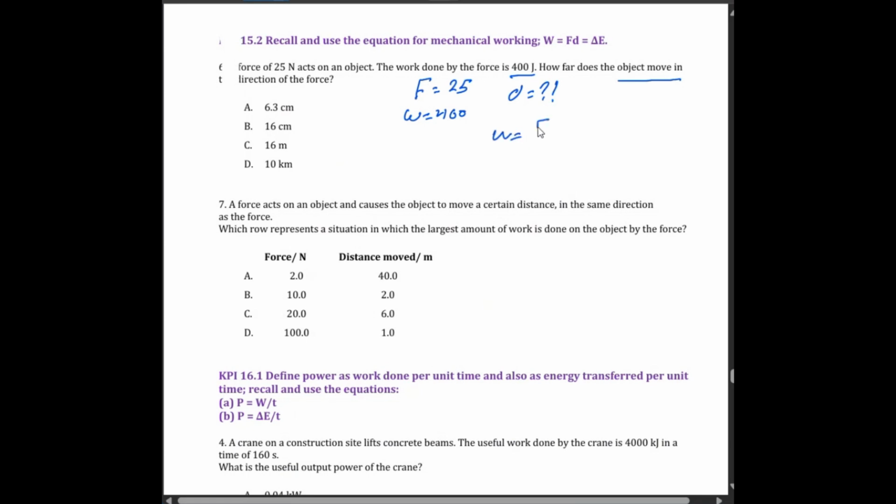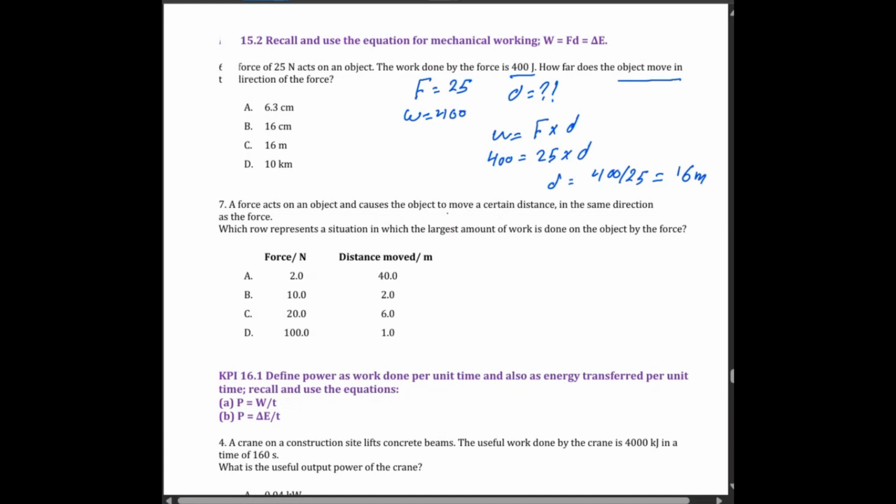Using the formula force multiplied by distance, we have 400 equals 25 multiplied by distance, then distance equals 400 divided by 25. The answer is 16 meters.